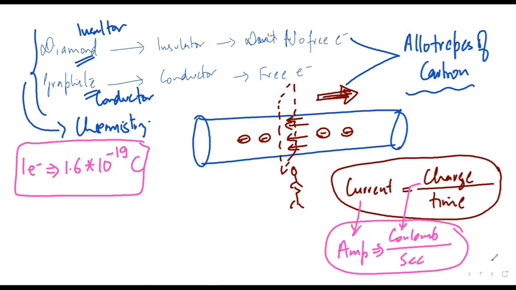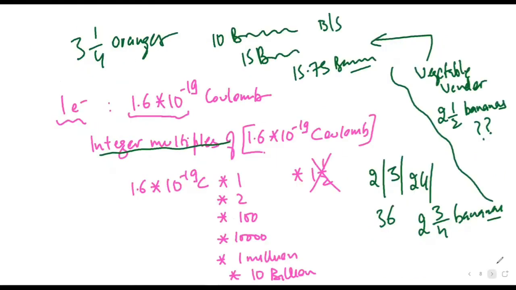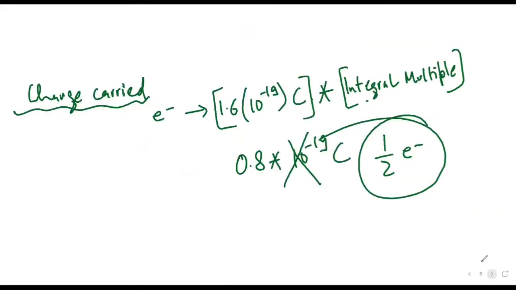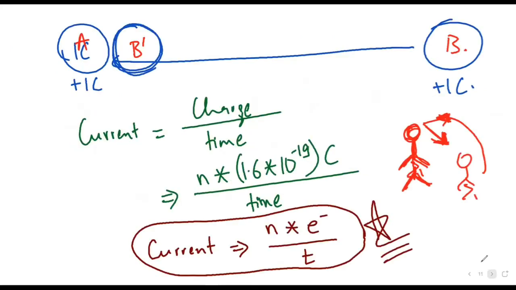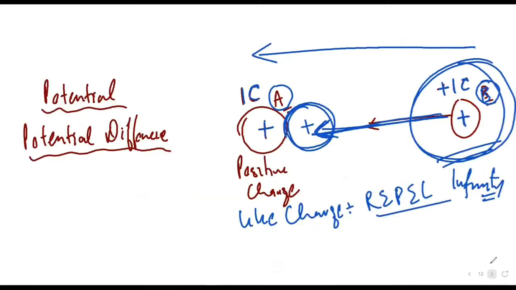Then we also understood that the charge can only exist in multiples of 1.6 × 10^-19 coulomb. Using this, we were able to derive the formula that current is equal to charge upon time, and charge can be written as n, the integer number, times the charge carried by one electron. Then we understood the difference of potential and potential difference.